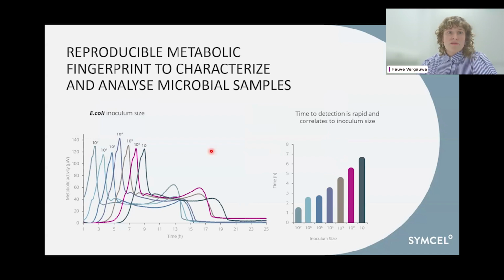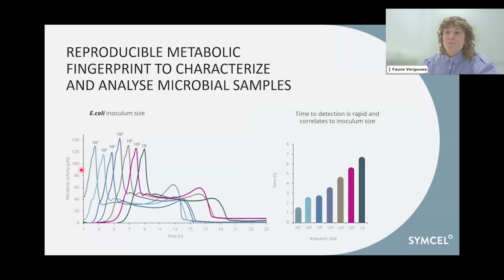What we obtain is actually a very reproducible metabolic fingerprint that's unique to each microbial sample. So for example, here we show an E. coli dilution series, and you can see that the pattern, so the metabolic fingerprint, remains consistent, but it shifts to the right as there are fewer cells in your sample.